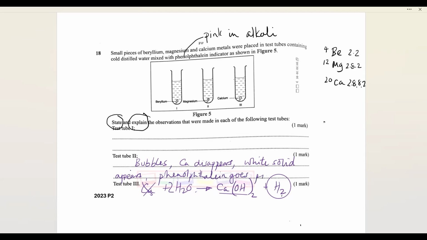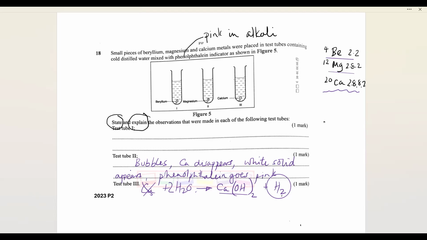goes pink. Now, the other two are going to be much slower. Oh, sorry, I've just written all of that under test tube 2 rather than test tube 3. My apologies. This is for calcium. It should be test tube 3. The point is that because calcium is the biggest atom, it will react fastest. So the magnesium will be slower and the beryllium will be slowest still.